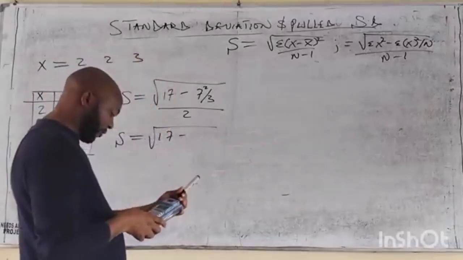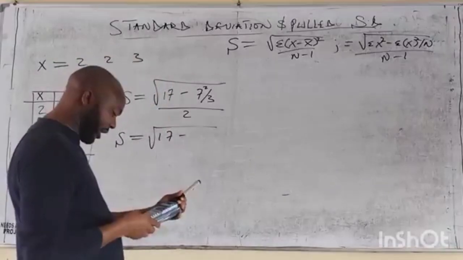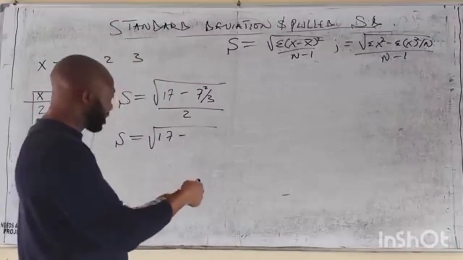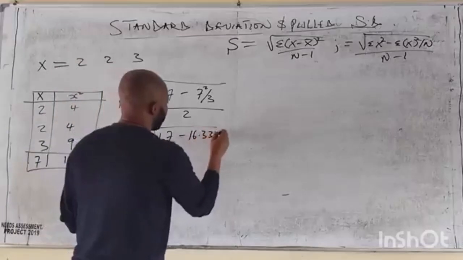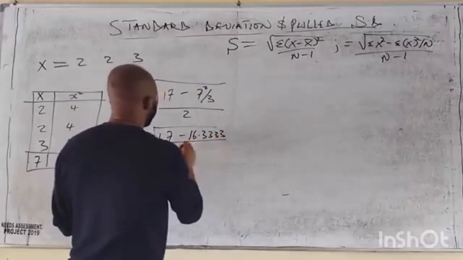49 divided by 3, I have 16.333. Let's take the variables over 2.